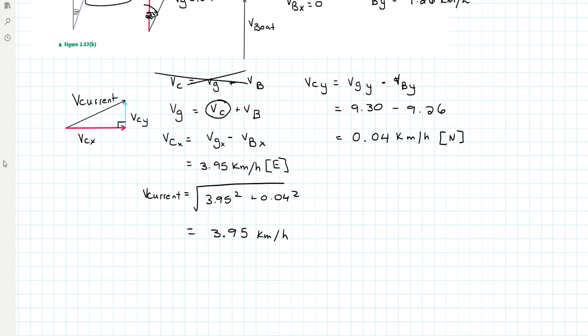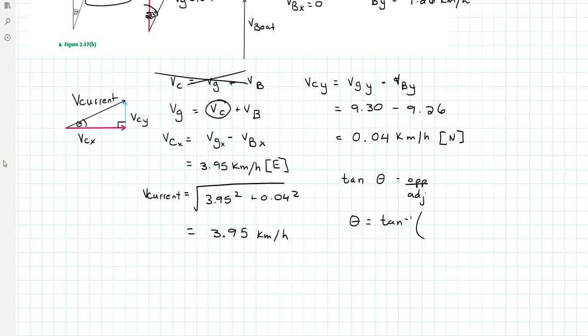Then use our tan inverse, or our tan formula. Let's write that out a little bit slower: tan is our opposite over our adjacent. So theta is equal to the tan inverse of our opposite, because we're finding our angle here.